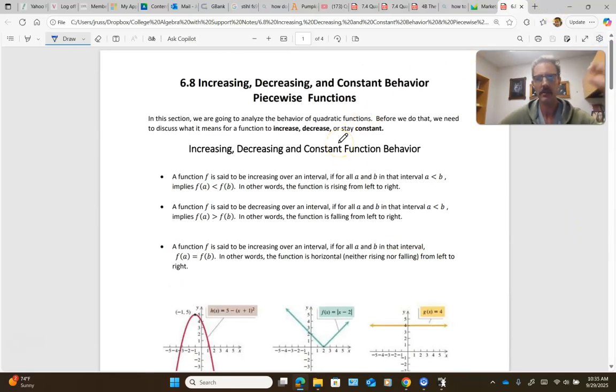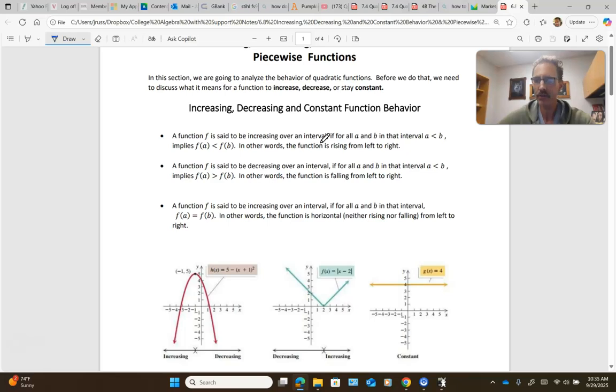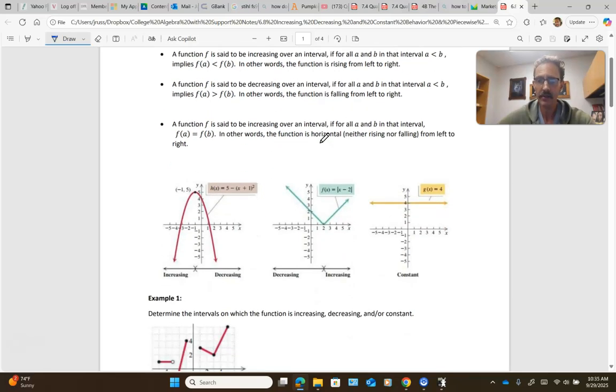All right, so I just recopied this from the material from 7.5. Let me restate: if you're going to read a graph from left to right, and the function is going uphill, it is increasing. If it's going downhill, it's decreasing. If it's going straight across or horizontal, it is constant. And remember, these intervals are given with respect to the x-axis.